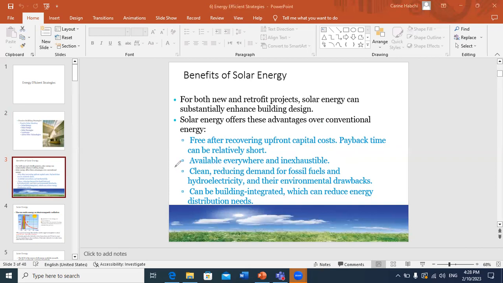It's clean, so for the environment also, it's very important because it's a clean strategy, reducing demand for fossil fuels and hydroelectricity and their environmental drawbacks, and it can be building integrated, which can reduce energy distribution needs. One big advantage of solar energy is that it can be easily integrated into retrofit projects. And this is what we are doing in Lebanon now. The majority of existing buildings were able to install solar energy and to use it.